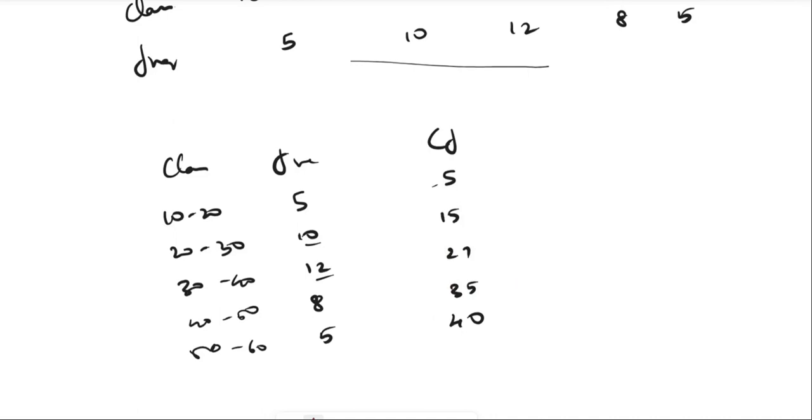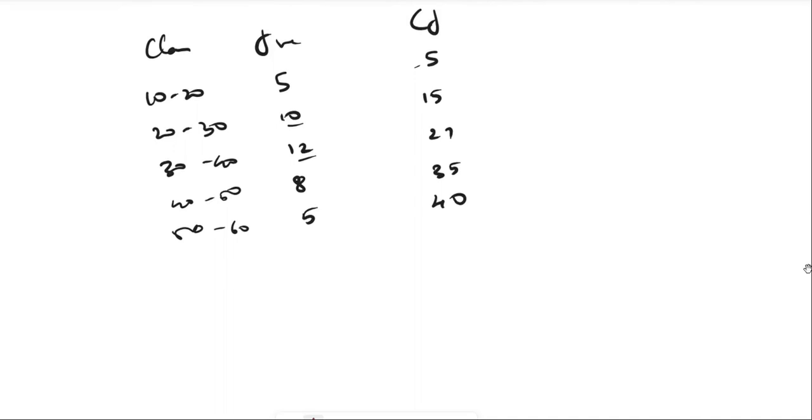Now, as per this calculation, you are able to identify that n is equal to 40 observations. Kindly observe the frequencies 5, 10, 12, 8, and 5; the number of observations is 40.